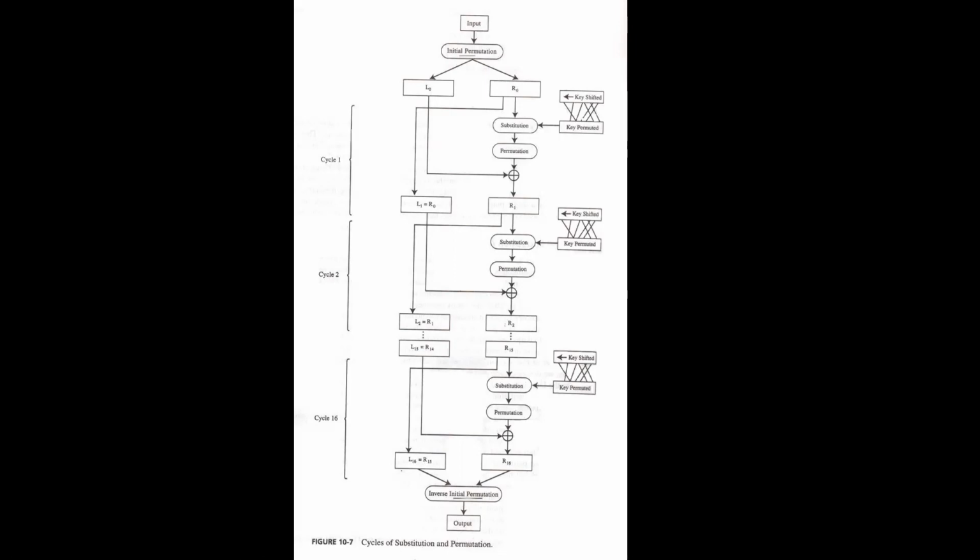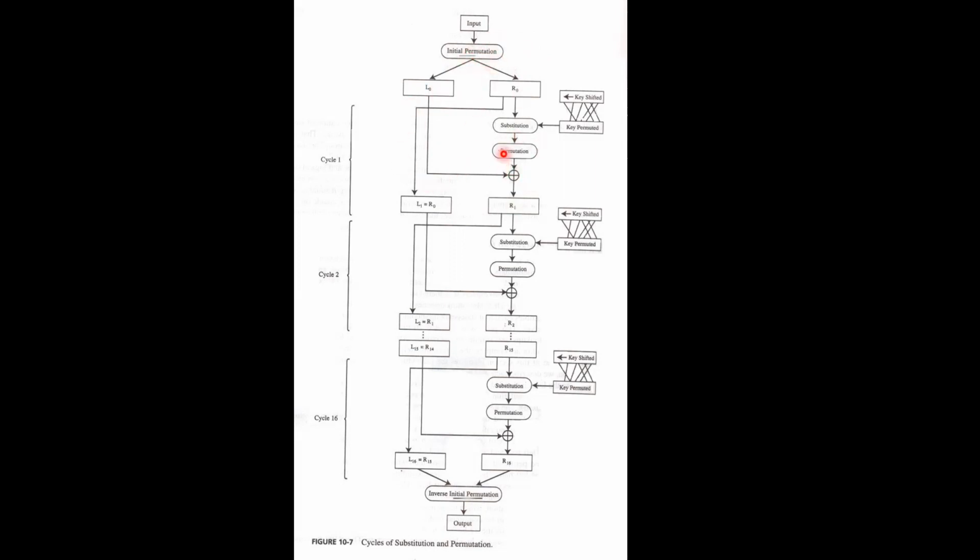Now, decryption is also similar to encryption. We do the same thing in decryption. That is, we give a 64-bit block of ciphertext as input. I'm talking about the decryption. We perform the same initial permutation, and perform the same rounds.